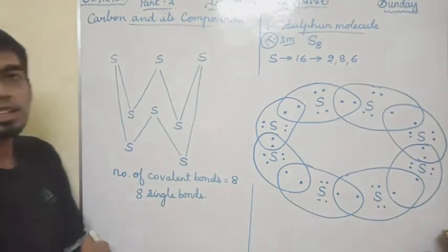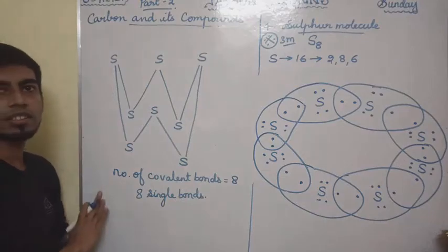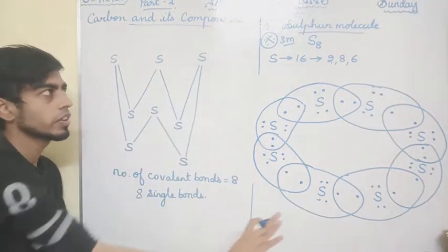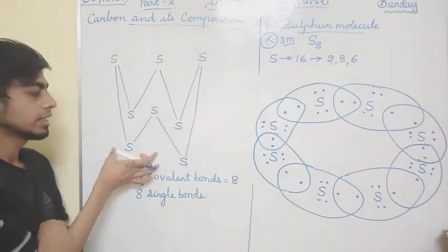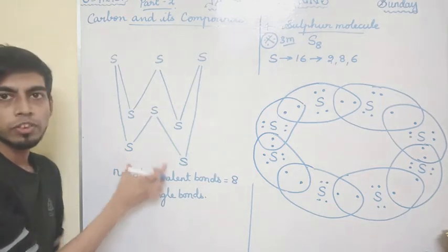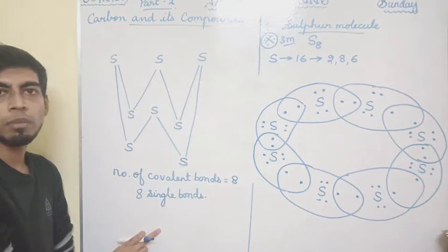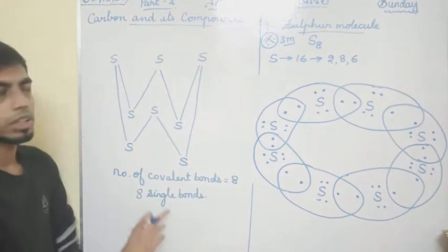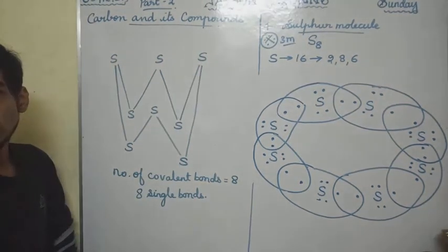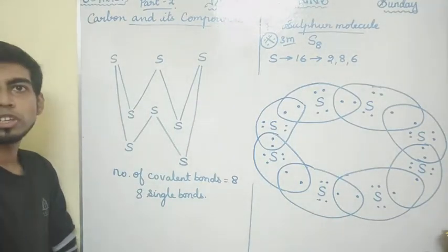So this is the electron dot structure for the sulfur molecule and the structural formula, with 8 covalent bonds, and all the bonds are single bonds. So understood how to draw the electron dot structure for the sulfur molecule? Yes, sir.